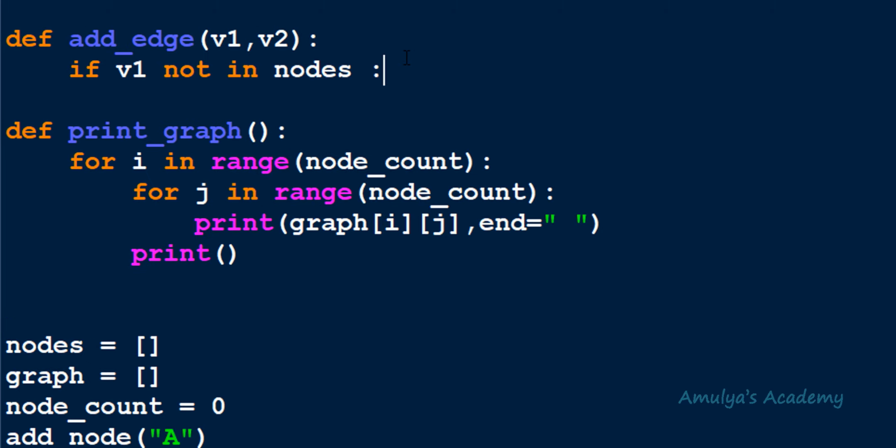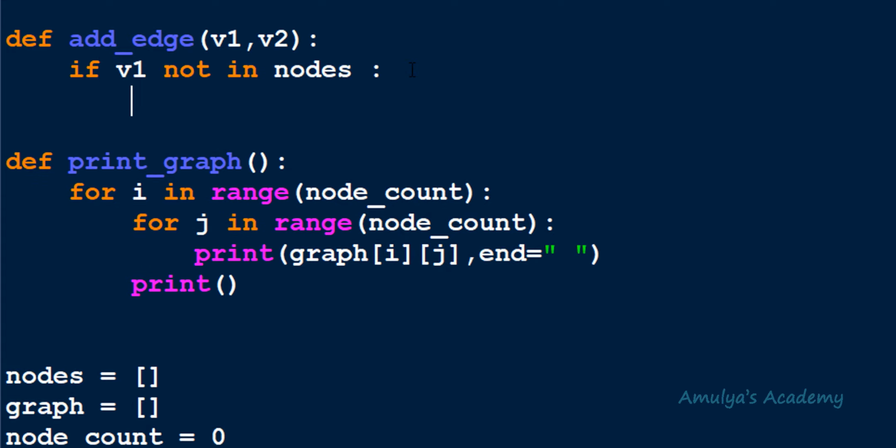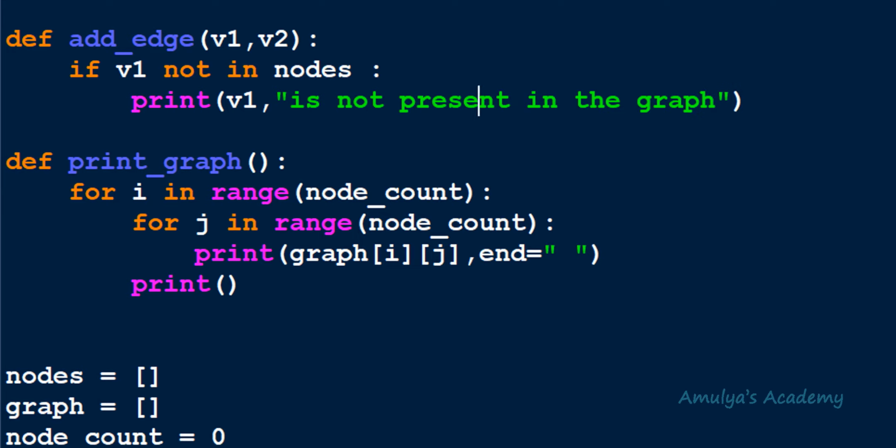I'll check if v1, that is the first vertex, is present in the nodes or not. Here this condition becomes true when v1 is not present in the nodes. Here we used not in, right? So if v1 is not present in the nodes, this condition becomes true. If this condition becomes true, that means the given node is not present. So I'll just print the message, that is v1 is not present in the graph.